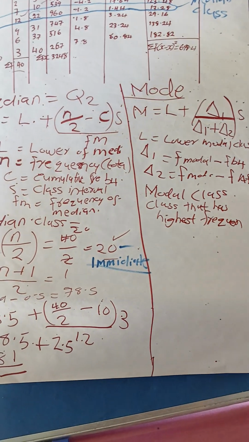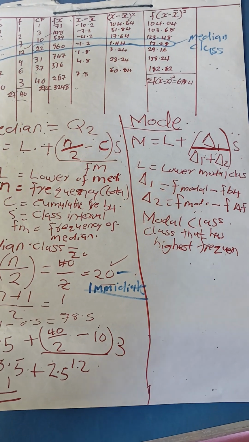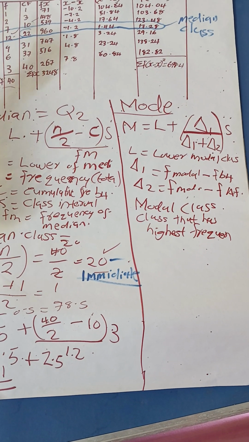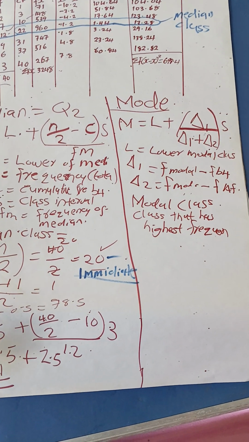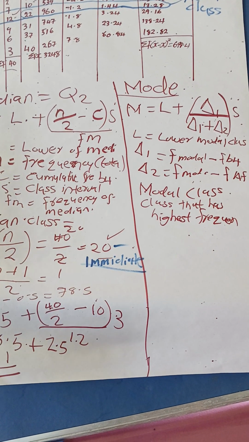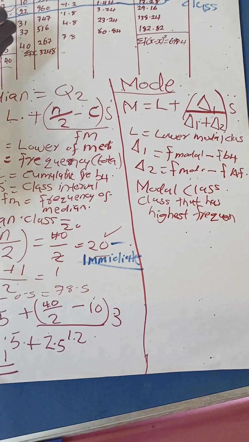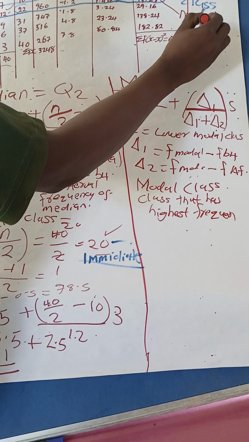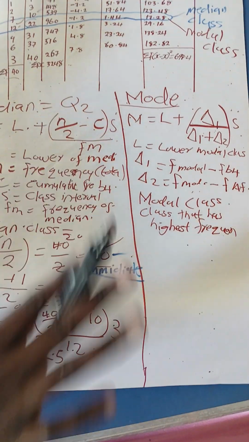For this case, which class has the highest frequency? It is 12. Yes, it is 12. Meaning we are going to use the same class we used for the median. But you see how you identify; you will find the other one has a different one. So this becomes also our modal class. The median class is separate, the modal class is separate.